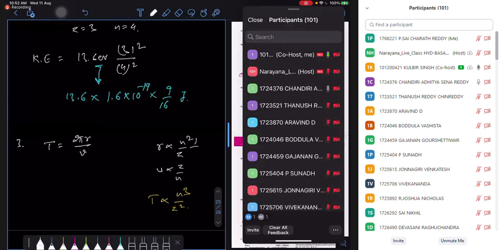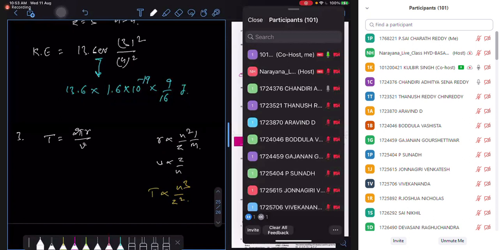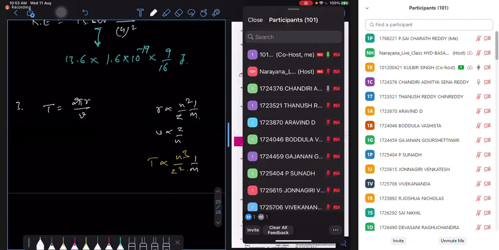Mass is also there, inversely proportional to the mass terms, and v is independent of the mass. So the mass term is also going to come into the picture if you want to write the expressions.